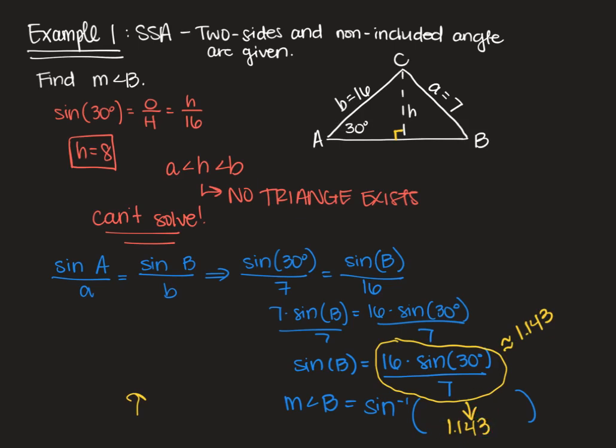So if you actually entered this whole thing in your calculator, you are going to get a domain error because we have a sine value that's greater than 1. So it makes sense that we're getting a domain error and we can't solve for the measurement of angle B here using our calculator, and that's all because no triangle exists in the first place, because the side opposite the given angle is shorter than the height of the triangle.